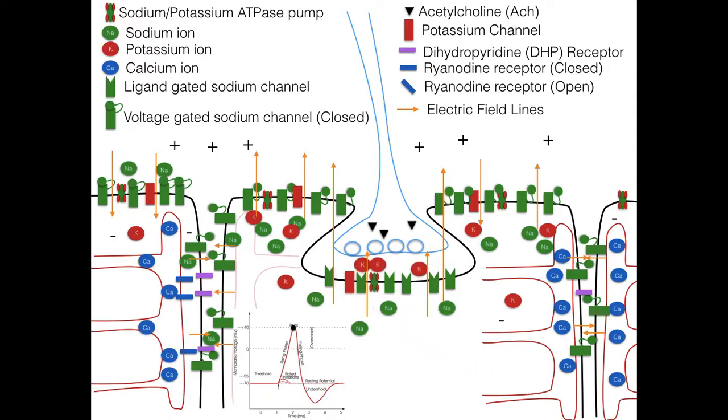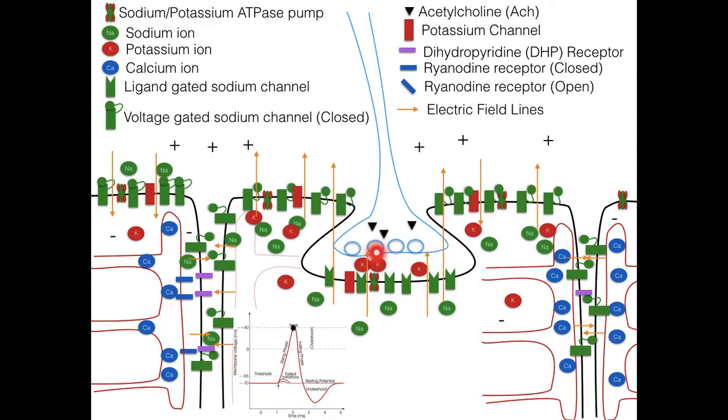We also have something that can flow out. So remember, these potassium channels, they're pretty much leaky. They allow potassium to go in kind of whatever direction it wants. So now that the inside of the cell has become positive, all of this potassium says, well, wait a minute, I'm positive. I don't want to be in this whole positive area.